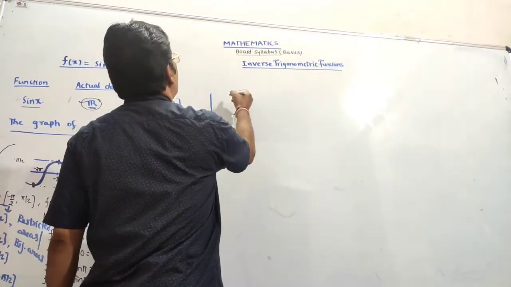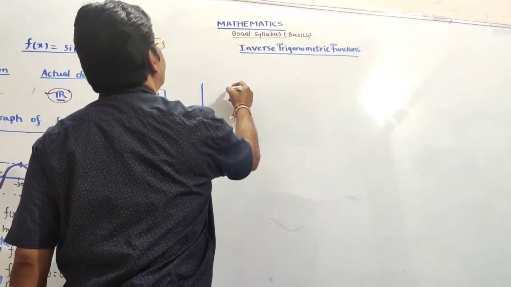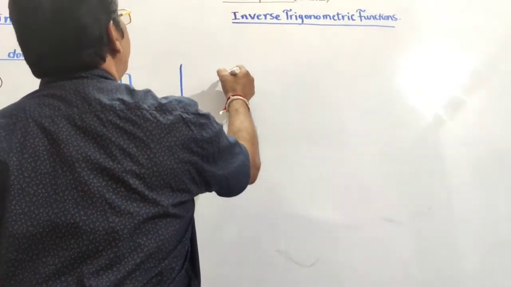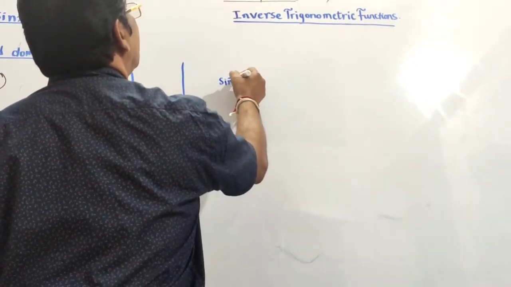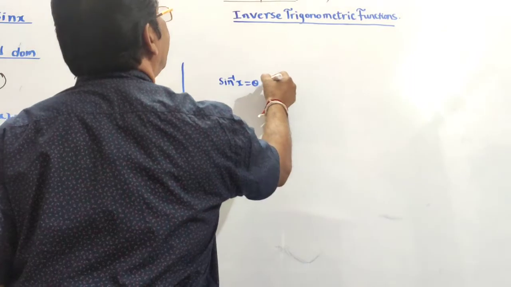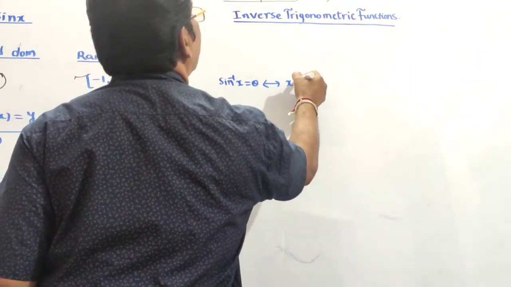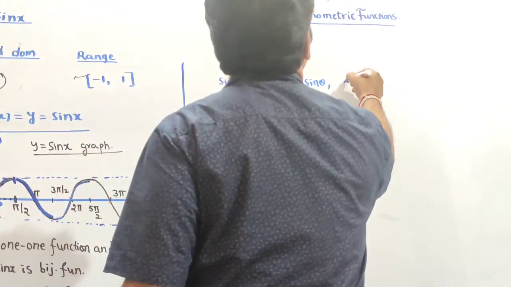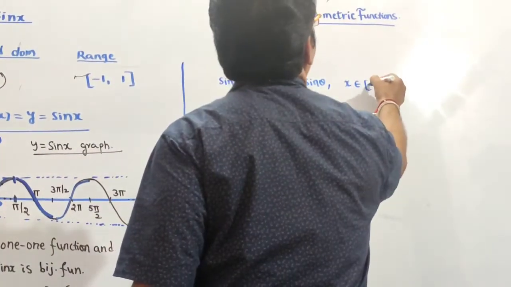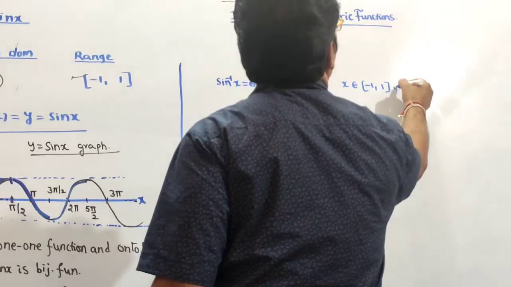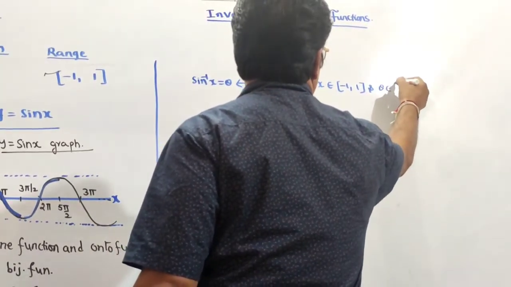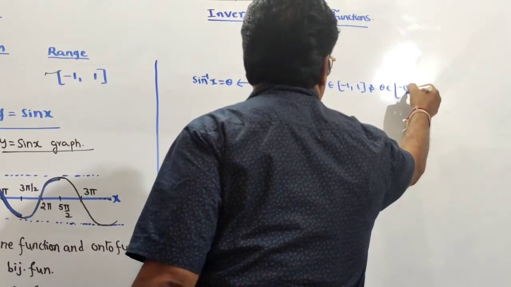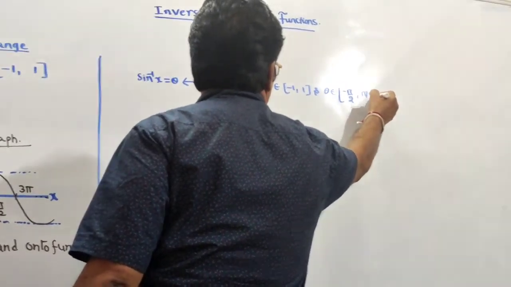Moreover, as I already said, if sine inverse x is equal to theta, that implies x equal to sine theta, whereas x must belong to the closed interval of minus 1 comma 1 and theta must belong to the closed interval of minus pi by 2 comma pi by 2.